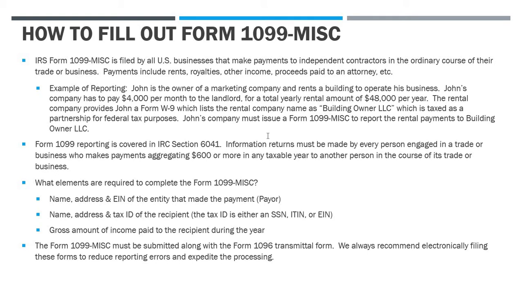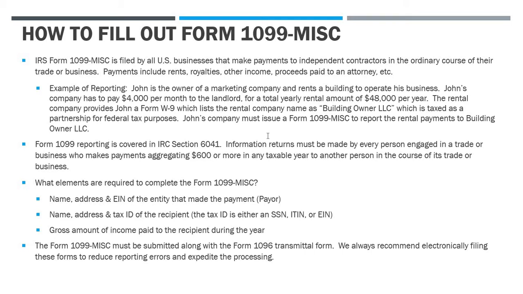So 1099 Miscellaneous is filed by all U.S. businesses that make payments to independent contractors in the course of their trade or business, right? The types of payments that you might report on this are rents, royalties, other income, proceeds paid to an attorney. What you don't report on here is income paid to independent contractors for compensation for personal services, right?